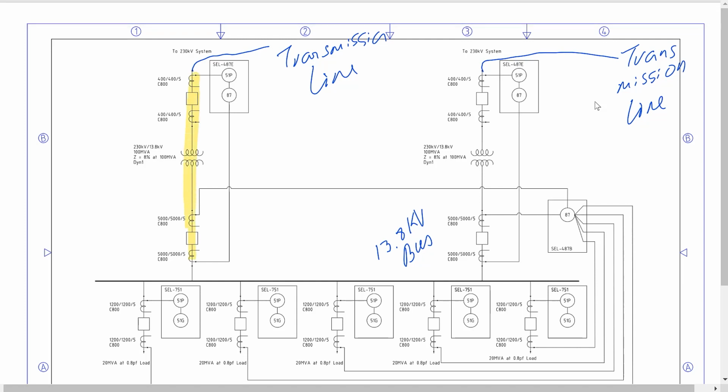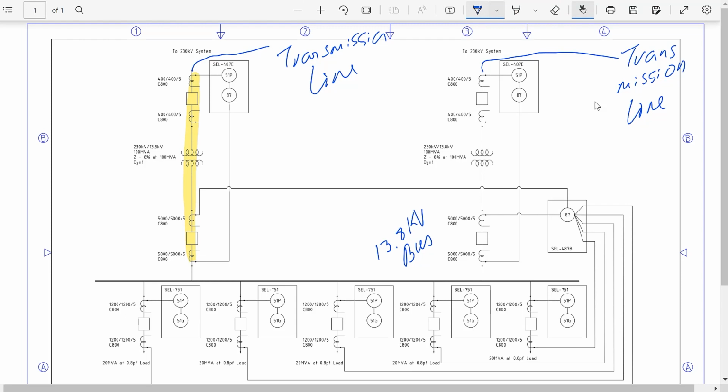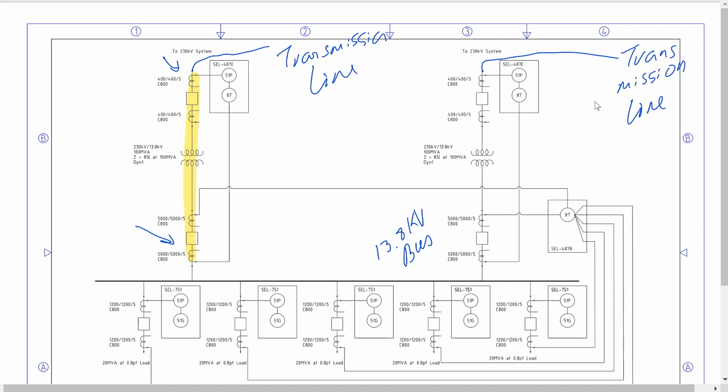So essentially our differential zone is going to go from this CT on the top, so this one over here, to this one over here on the low side. So again, when I say a differential zone, what I mean is the part of the power system that is encompassed by the current transformers, the CTs, that feed into our differential protection relay, in this case an SEL 487E relay. So our goal here is to detect any fault within this zone that I've highlighted here in yellow.